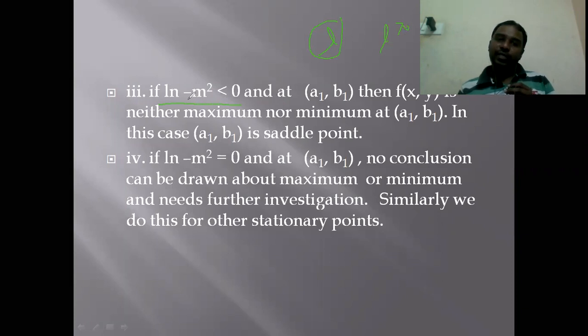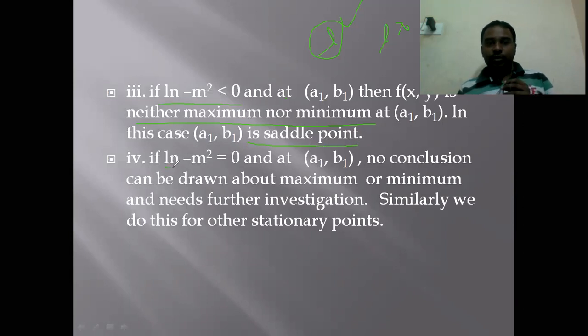So if ln minus m square is less than 0, no need to check the L value. Directly we say that it is neither maximum nor minimum. It is not a maximum value, it is not a minimum value. Those kinds of points we call saddle points.